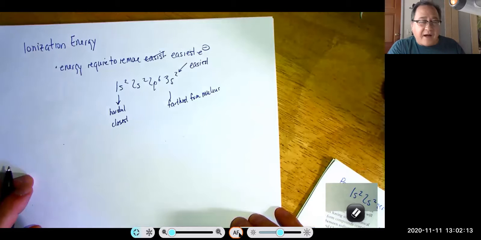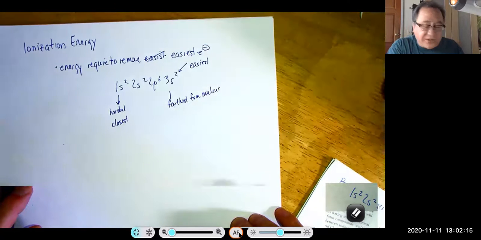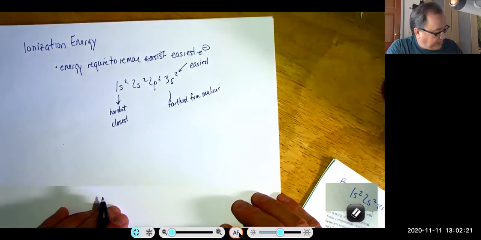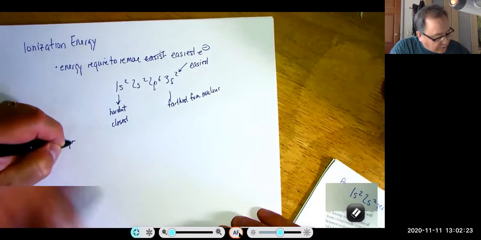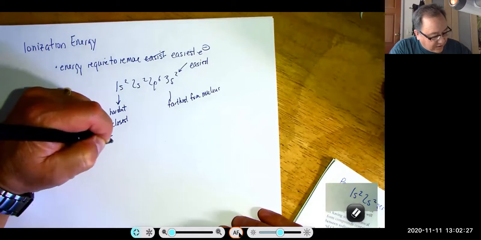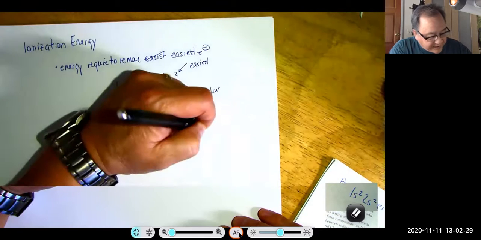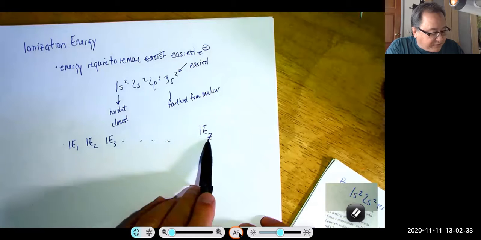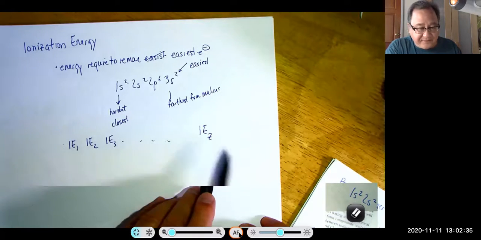The number of ionization energies an atom has is equal to the number of electrons it has, which is equal to the number of protons it has. So there's ionization energy 1, ionization energy 2, ionization energy 3, all the way up to ionization energy Z, because if the atomic number is 15, there are going to be 15 of these.